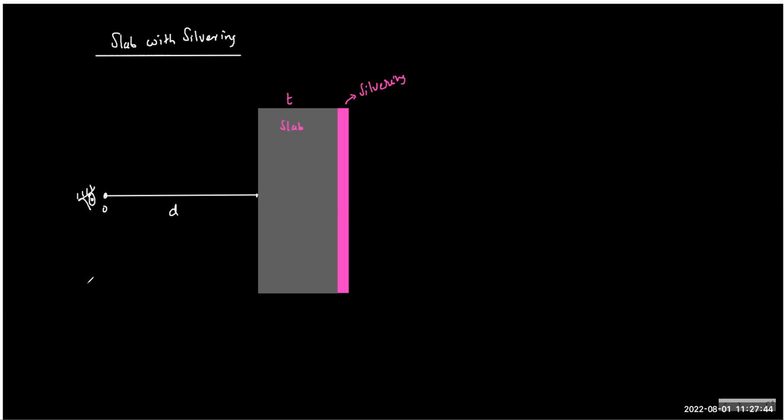So what will be the distance of the image as seen by the observer? Can you guess? Find the distance of the image with respect to the observer.